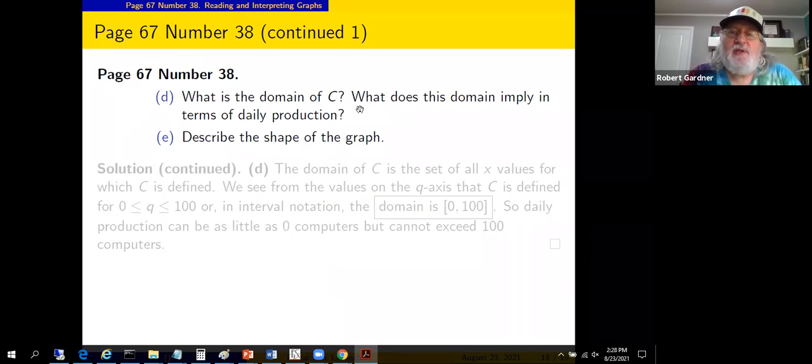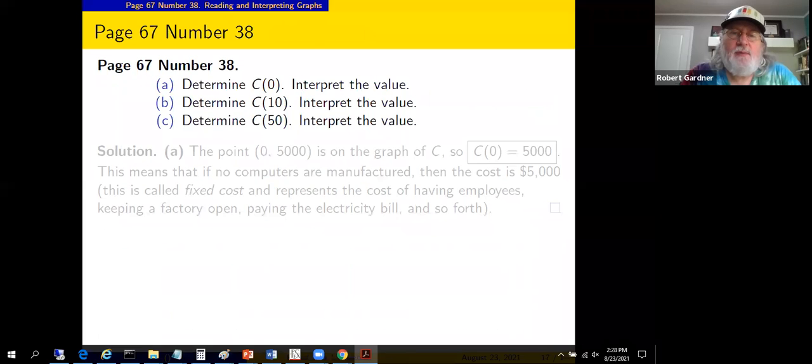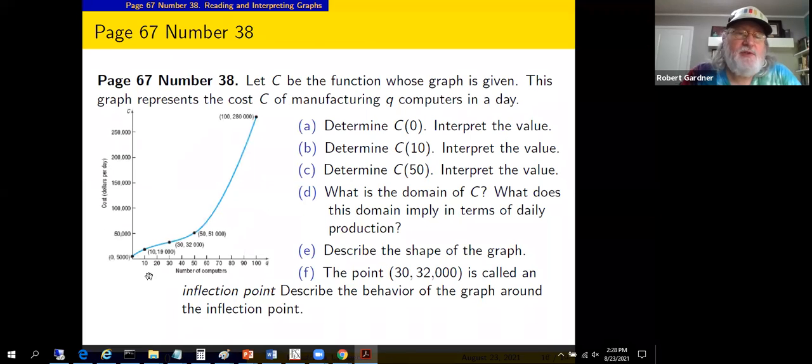What's the domain of C? What does this domain imply in terms of daily production? Okay, I need to go back and look at the curve. So let me jump back to the curve. Domain, what can the X values be? The curve starts at 0. Well, that makes sense. It's a quantity. And it ends here, it looks like. It ends with Q equals, X equals, you might think, 100.